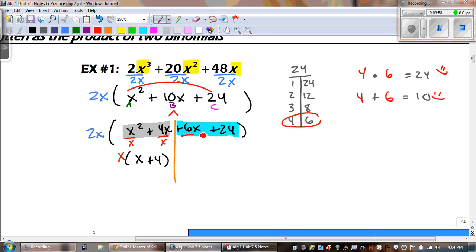And in the back, our GCF is a 6, and it's a positive 6. And we're left with x plus, and 24 divided by 6 is 4. Okay? And remember, we still have the 2x.